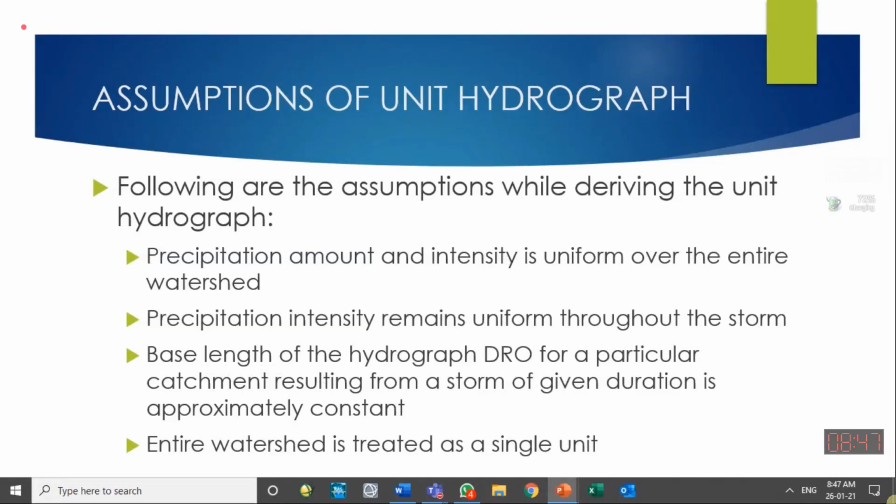We take 5, 6, 10 different storms of the same duration, make their DRO, and then average out using our judgment. So the entire watershed is treated as a single unit. Usually we divide the total watershed, and wherever we have an outlet at which hydrographs are available, we take that whole as one catchment.